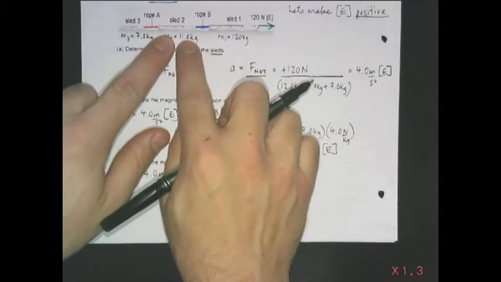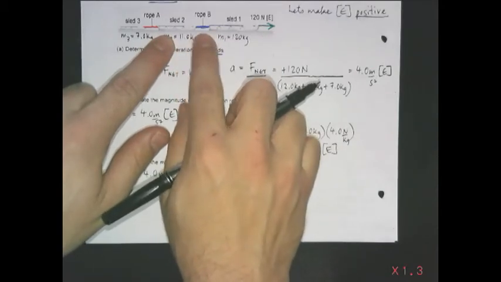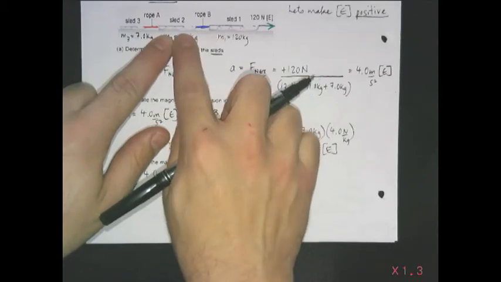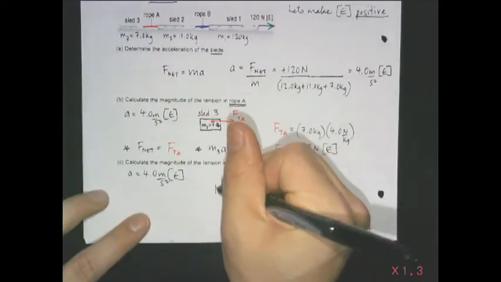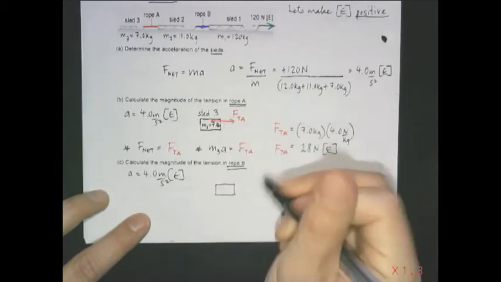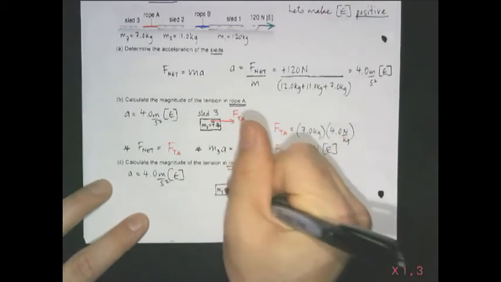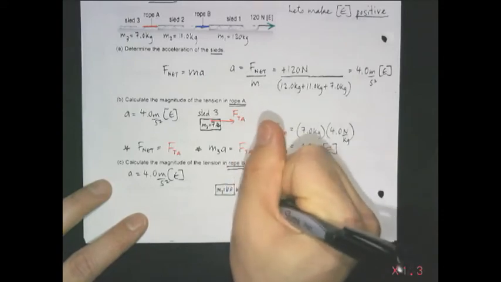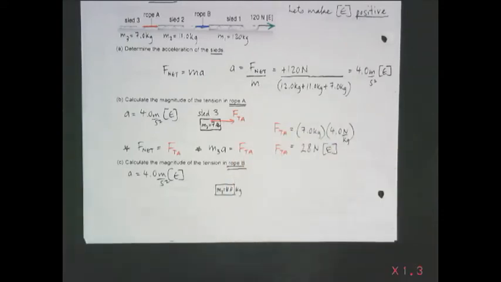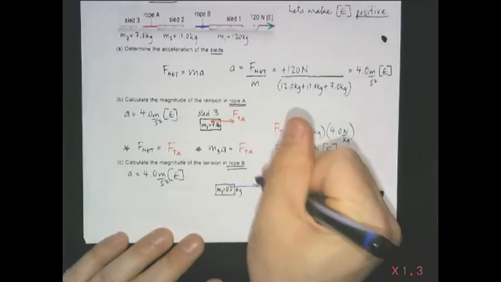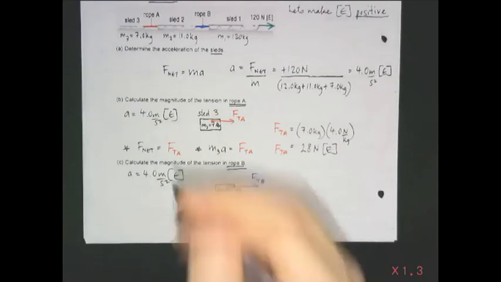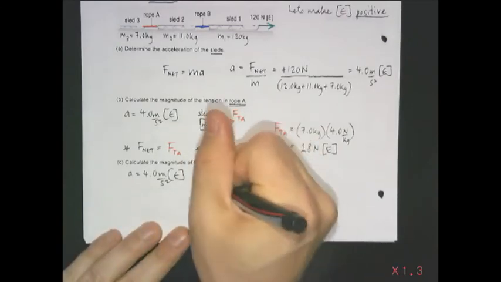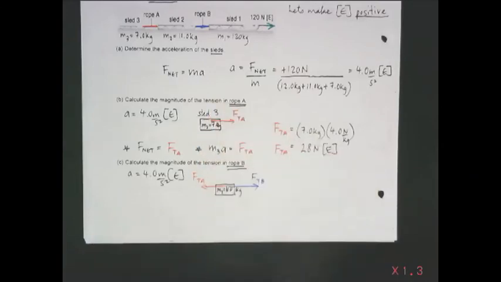Sled 2 is affected by the tension in rope B. It's pulling it to the right or to the east, and it's also being pulled back by the tension in rope A. So let's draw a free body diagram of sled 2 with a mass of 11 kilograms, showing tension in rope B pushing forward, and tension in rope A pushing backwards.